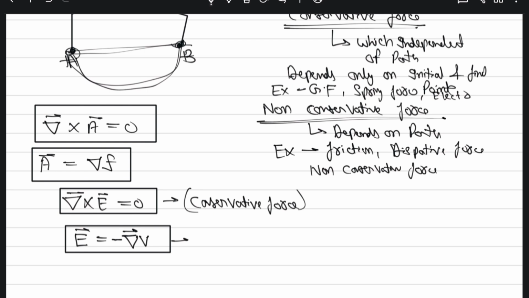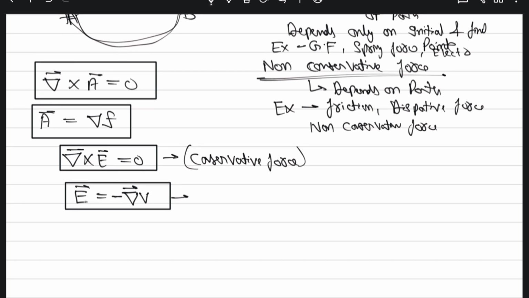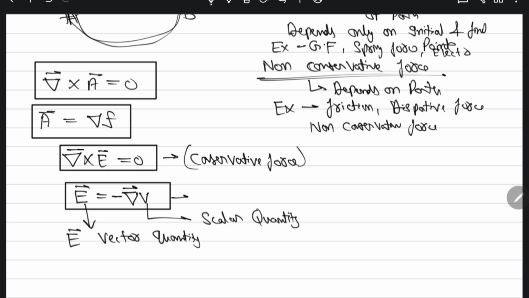One more idea: the electric field is a vector quantity, and potential is a scalar quantity. So if you know the potential of any system, you can find the electric field.